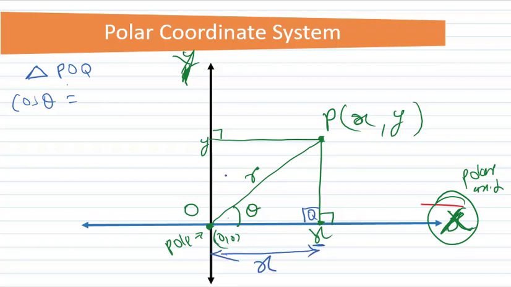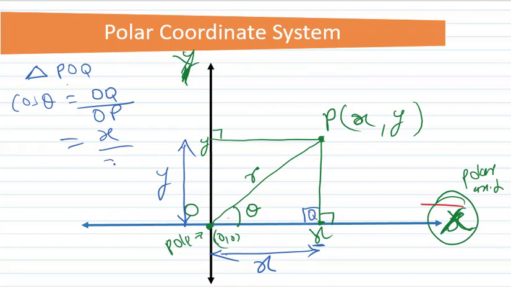And this length will be y. So the adjacent side, that is OQ, upon hypotenuse, we know the formula for cos theta: adjacent side upon hypotenuse. The hypotenuse is OP. So the length of OQ is x and the length of OP is r.